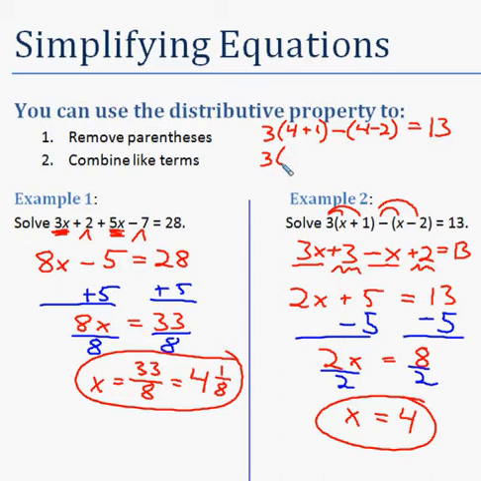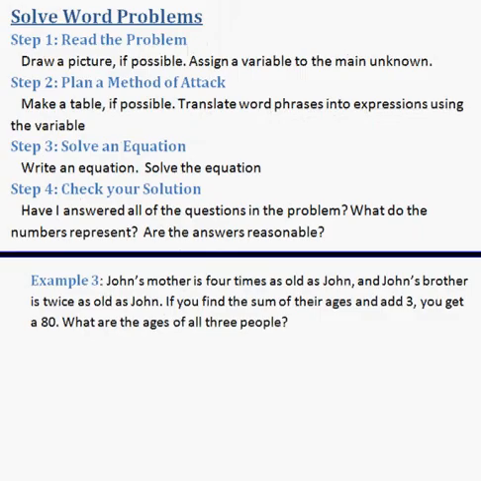We'll add what's inside here first. 4 plus 1 is 5, minus 4 minus 2 is 2, is equal to 13, and this is 15 minus 2, which indeed is equal to 13, so our x equals 4 is correct. So with solving equations, you can always see if you have the right answer by checking the solution by putting it back into the original equation.